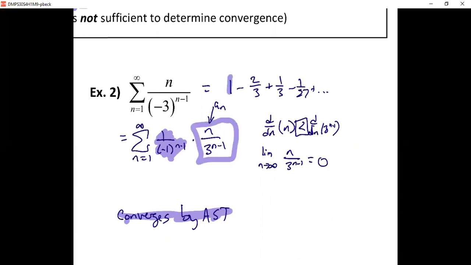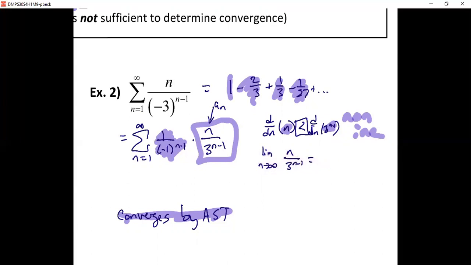We plug in our terms. First term is 1, second term is -2/3, positive 1/3, -1/27, and so on. The numerator is growing at a slower rate than the denominator, so this shows the non-increasing. And then we also have the limit is 0. How do we know that limit is 0?